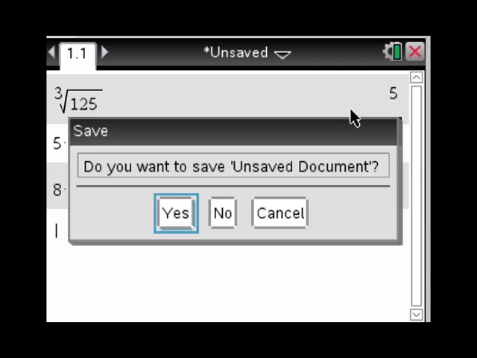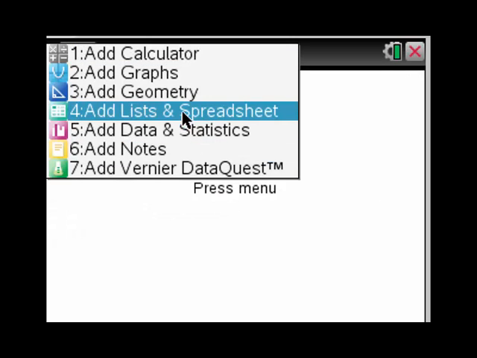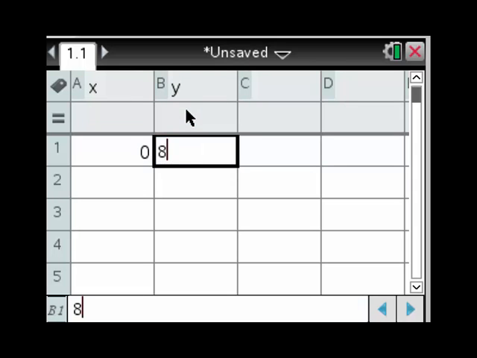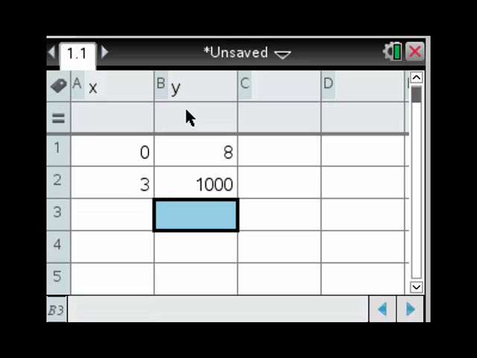Now if you're thinking, wow, that was kind of hard to know cube root and stuff like that, you could have done the regression. So home, new document, no save, our regression, put in x, put in y. We had 0 and then 8. And then they told us f of 3 equals 1,000.